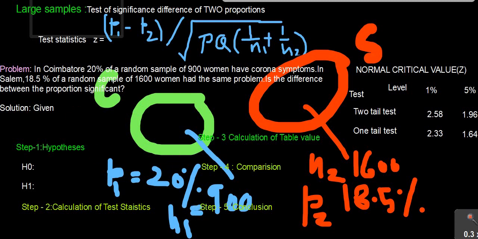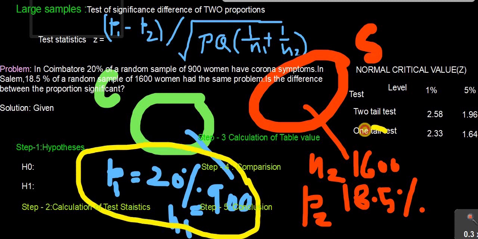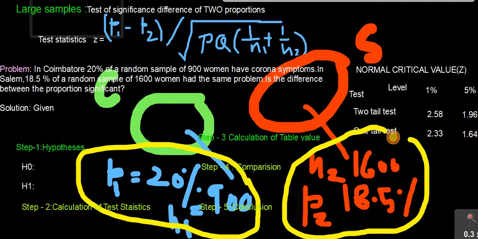Okay, so the question here is, if this is the sample data given to us, can we say that the proportions in Coimbatore and Salem are equal? Are the proportions of corona affected people in Coimbatore and Salem equal or not?